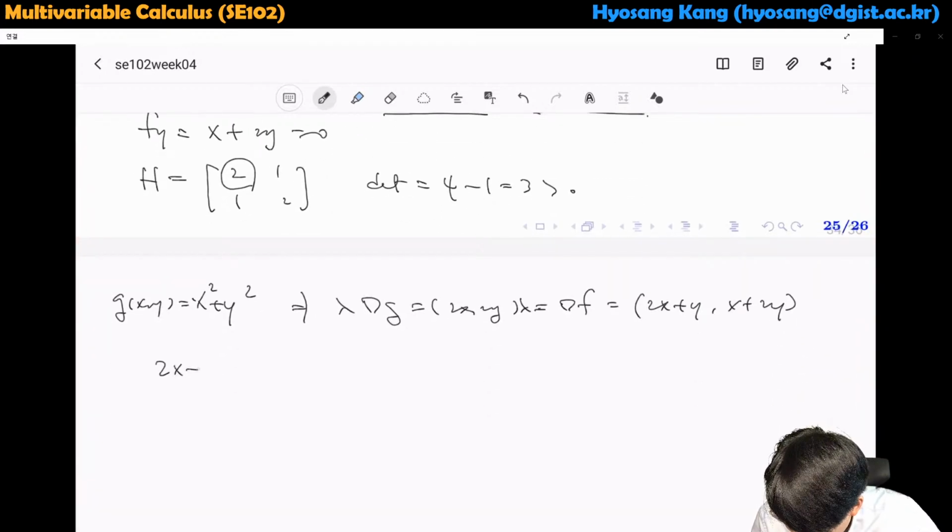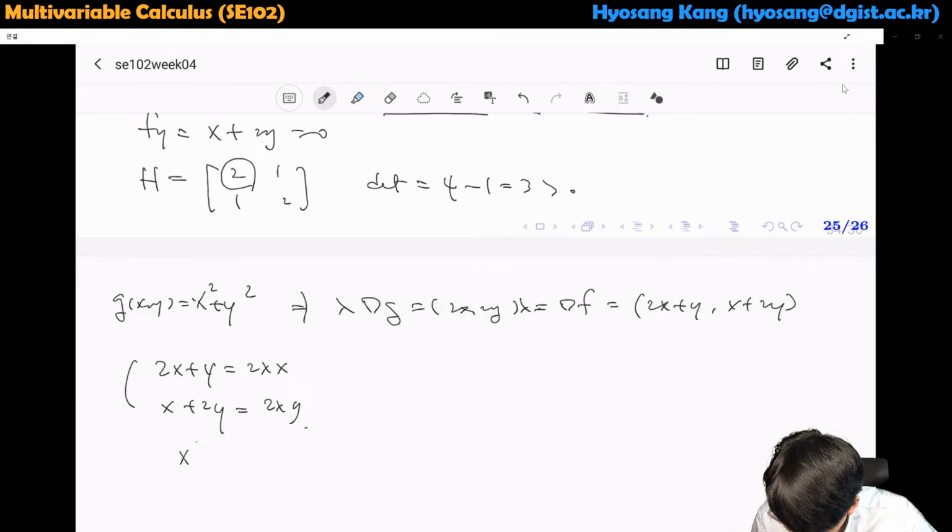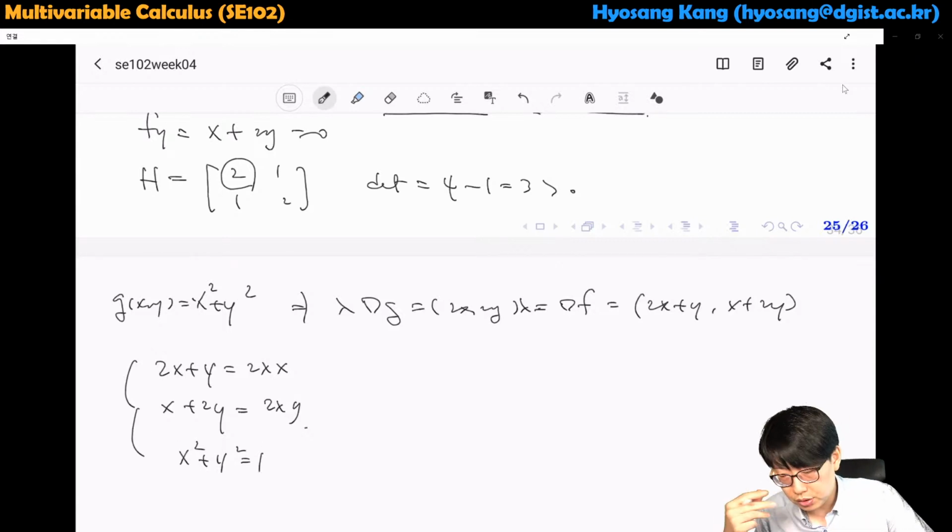So we have 2x plus y equals 2 lambda x, and x plus 2y equals 2 lambda y. So it seems like you have two equations to solve for 3 variables, but you have one more equation, which is x squared plus y squared equals 1. Okay, you have 3 equations.